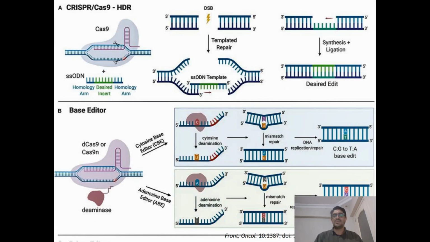On the next slide, let's compare the base editor system with the HDR system. Although there are some limitations with base editors, when we compare them with the homology-directed repair system, base editors still have some advantages. One advantage is that when you need to change a nucleotide on the DNA with the help of the HDR system, you also need to add donor DNA into the cell.